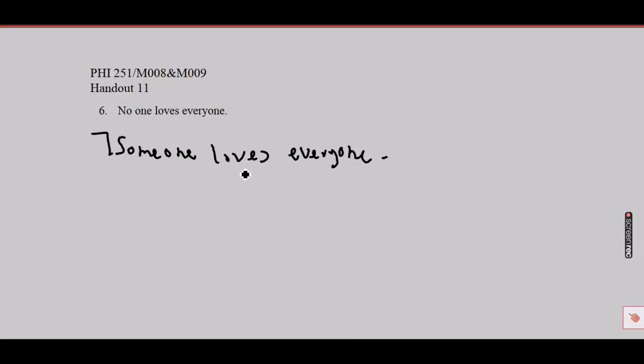So we want to deal with someone loves everyone. Here obviously we are going to use an existential quantifier, and we are going to use a domain of people.